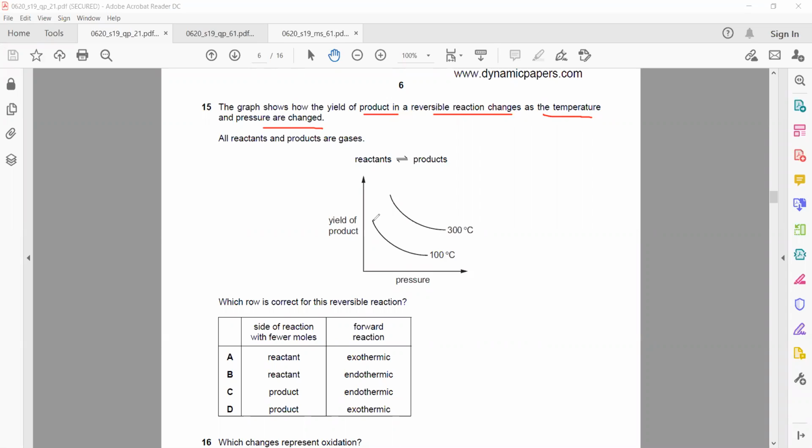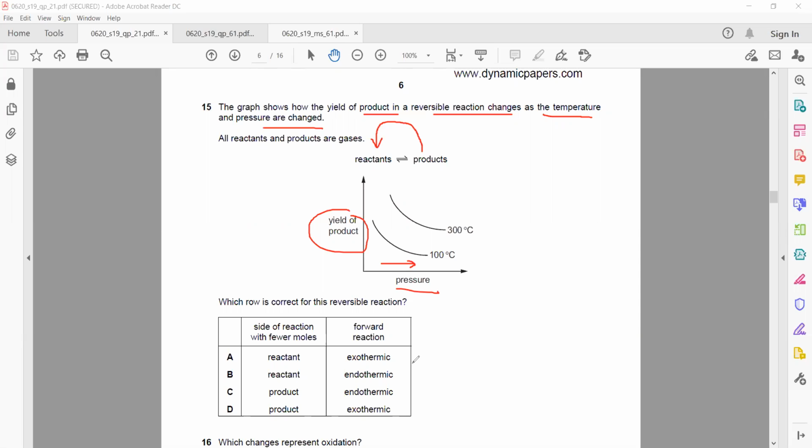On the x-axis we have pressure. As we are increasing the pressure, the yield, meaning the amount or mass of the product, is decreasing. So if amount of product is decreasing, the equilibrium is shifted towards the left hand side.